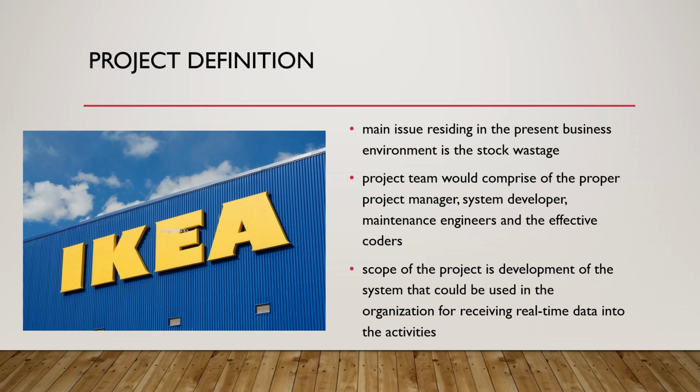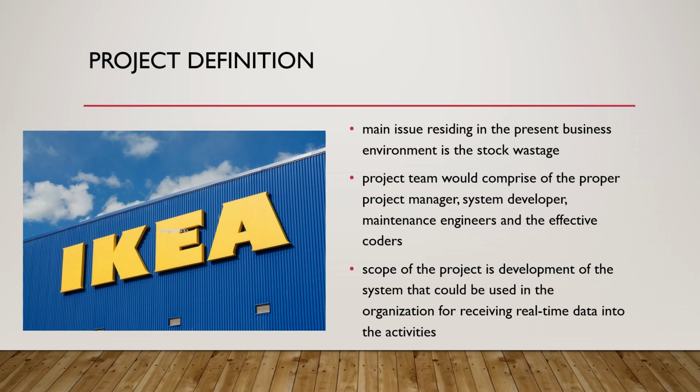In the second slide, I'm discussing the project definition, containing information about the business problems, like project team members, project scope, and the proposed timeline for the project. The main issue in the present business environment is the stock wastage.